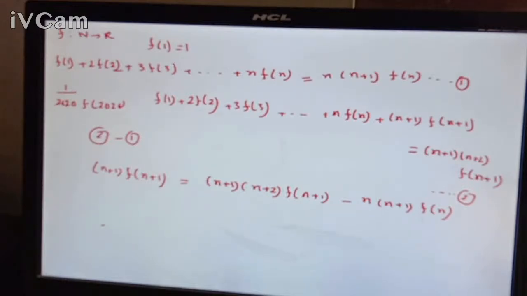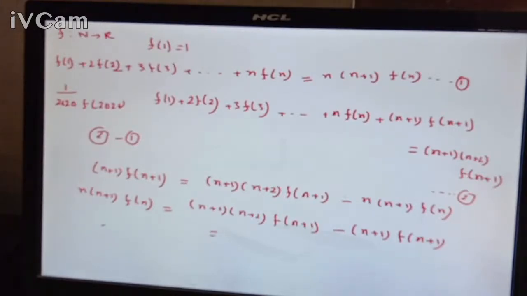From that step, I can say that n into (n plus 1) f(n) equal to (n plus 1) into (n plus 2) f(n plus 1) minus (n plus 1) f(n plus 1).